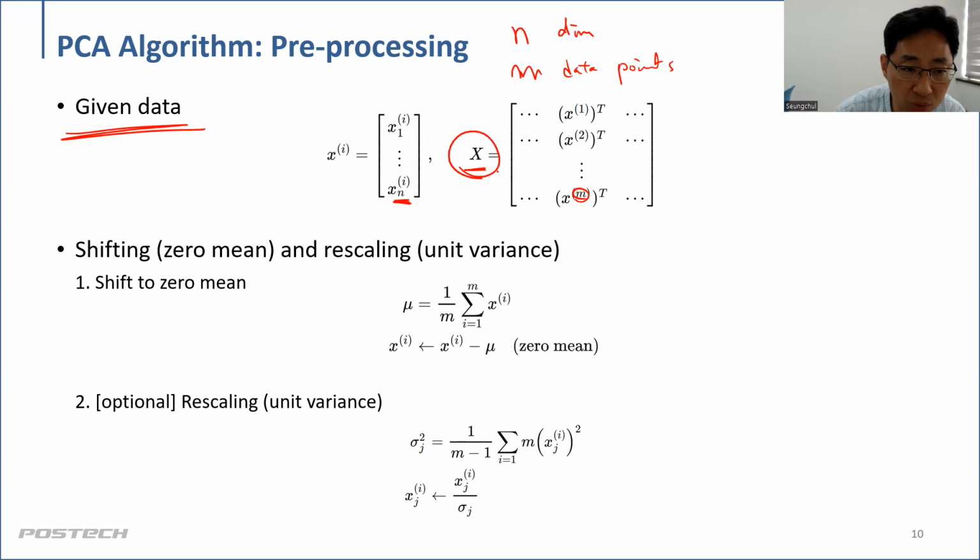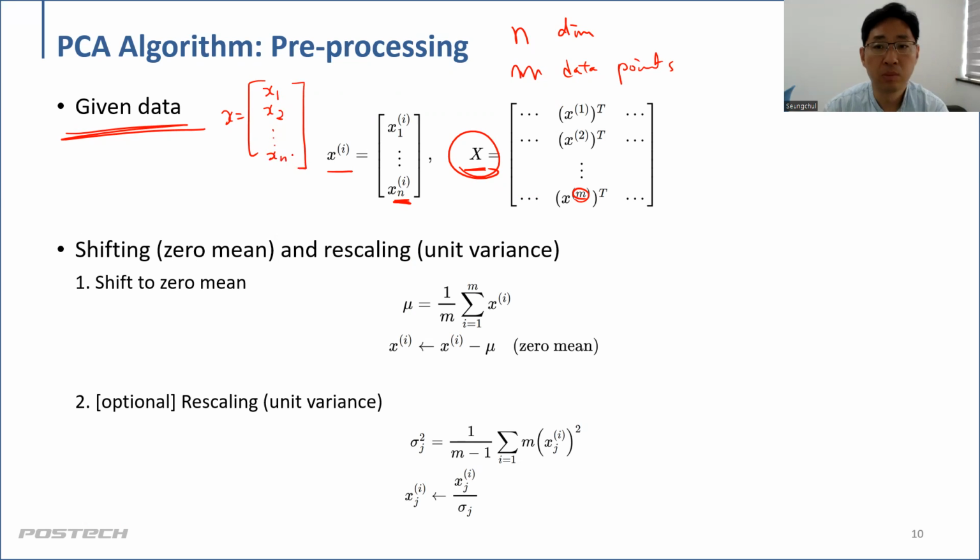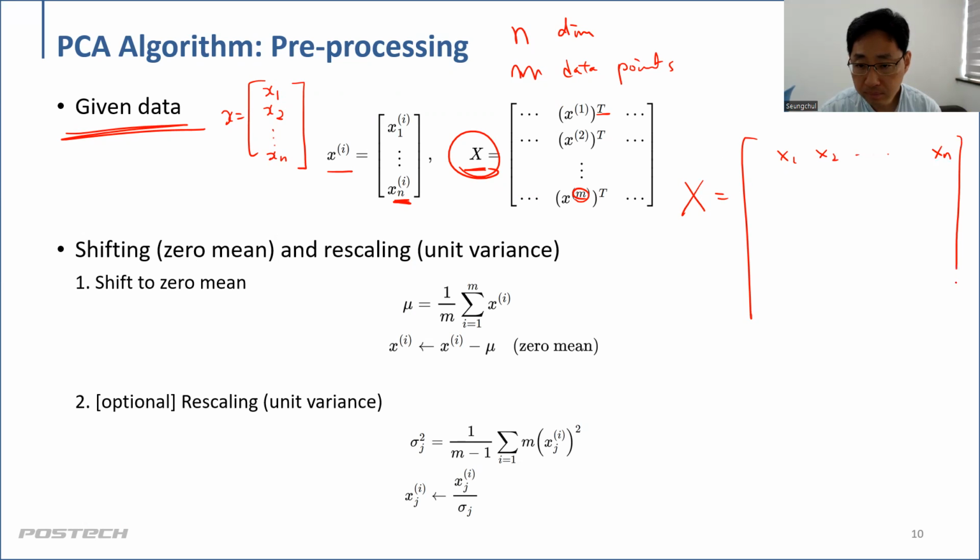I will say small x is x1, x2, xn. You see I have n sensors and I did transpose it. So big X is x1, x2, xn.